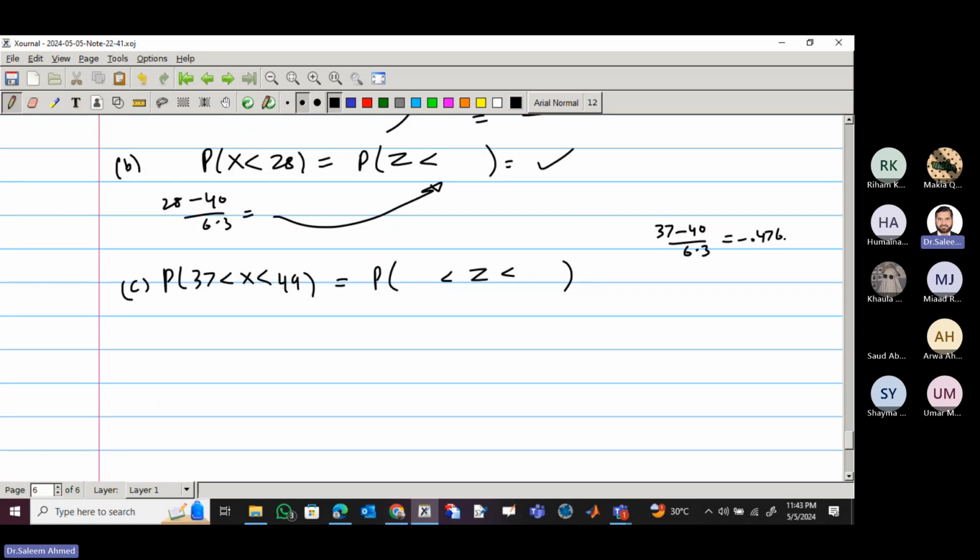I should round it to minus 0.48 because my table is only up to 2 decimal places. And then the right is 49. 49 minus 40 divided by 6.3 is 1.428. Again, I can round it to 1.43. So now I will write the right point 1.43 first, and minus the left point goes second.